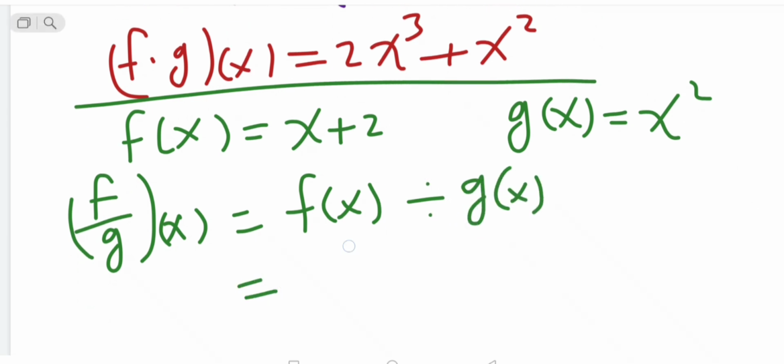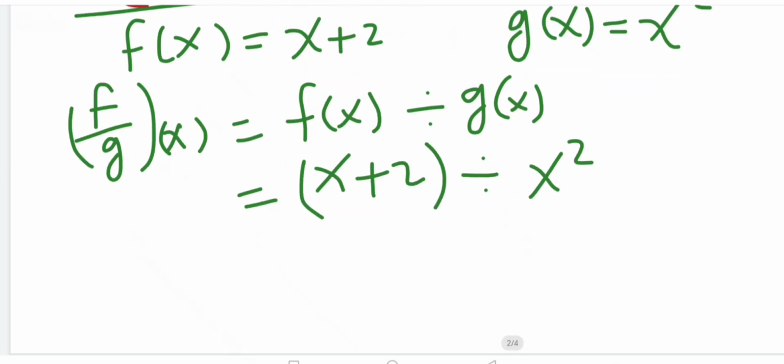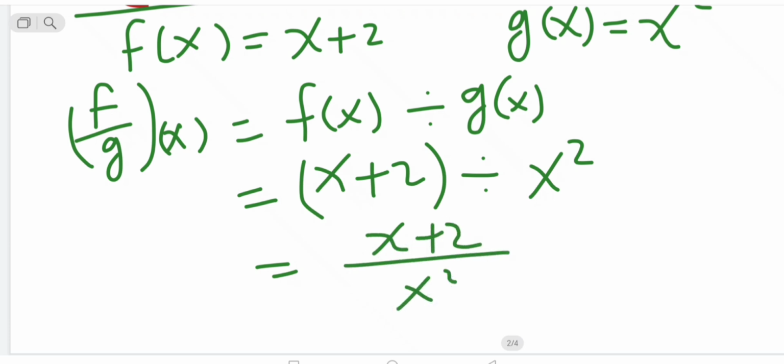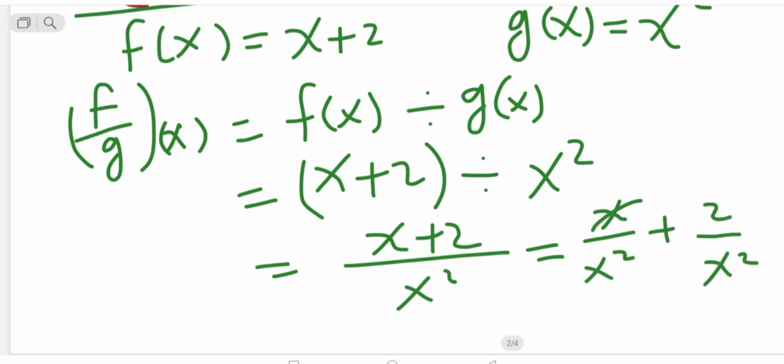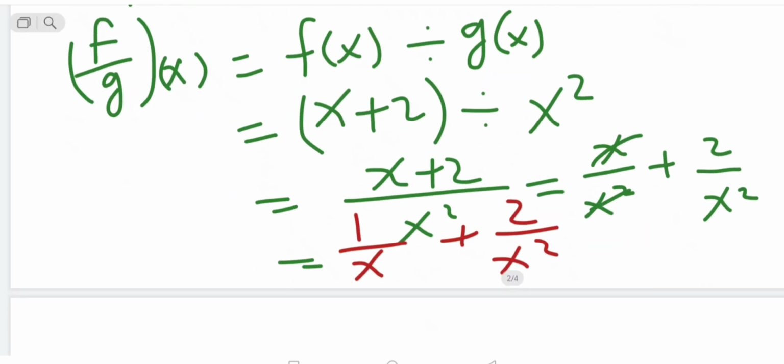So what is f function? x plus 2 divided by g function, which is x square. So x plus 2 over x square. This is our answer. If you want to simplify more, you can do x over x square plus 2 over x square. So here x over x square, 1 x cancels, so the numerator is 1 and the denominator is x, because x squared is 2 times x, 1 cancels, 1 remaining, plus 2 over x squared. This is our answer. I hope you understand.